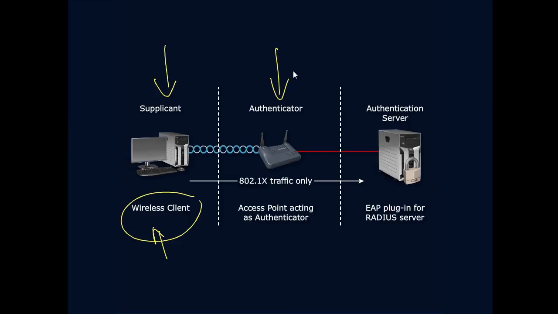Anything else that the supplicant tries to send until it's granted access by the authentication server is going to be dropped. Traffic like that is going to be thrown in what I like to refer to as the bit bucket. Okay, we're not going to pass that traffic along unless it has been authenticated.